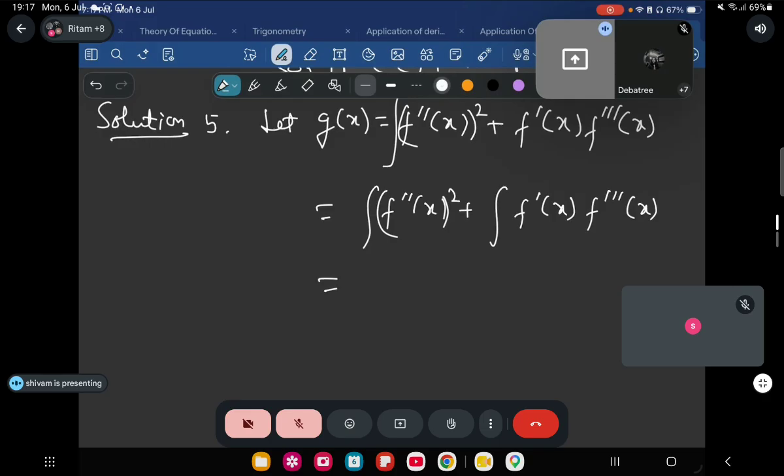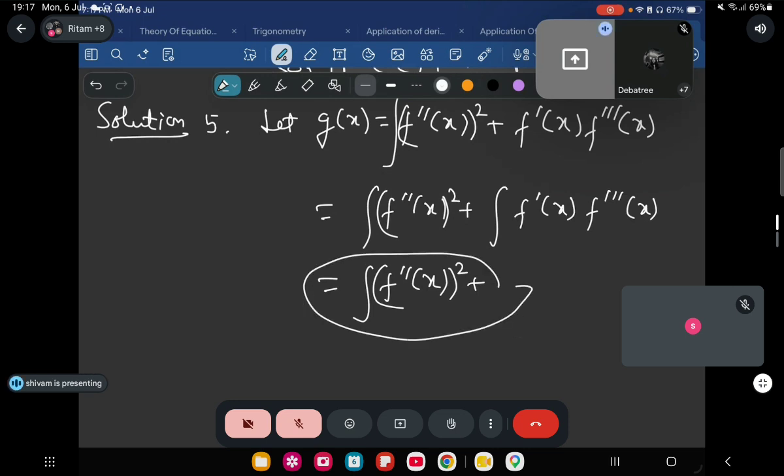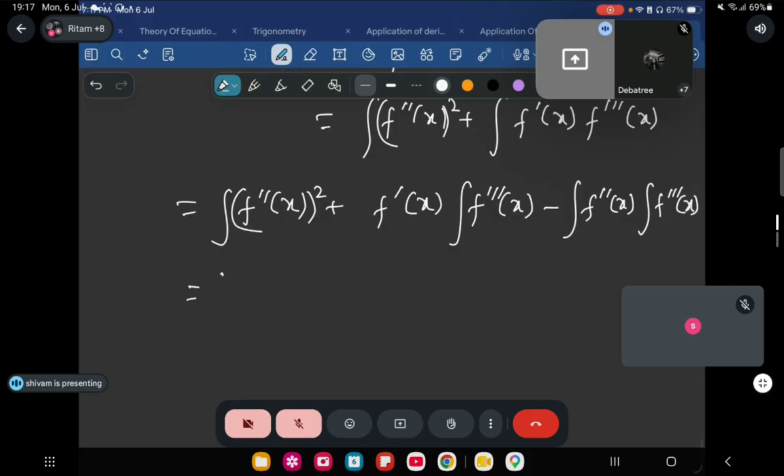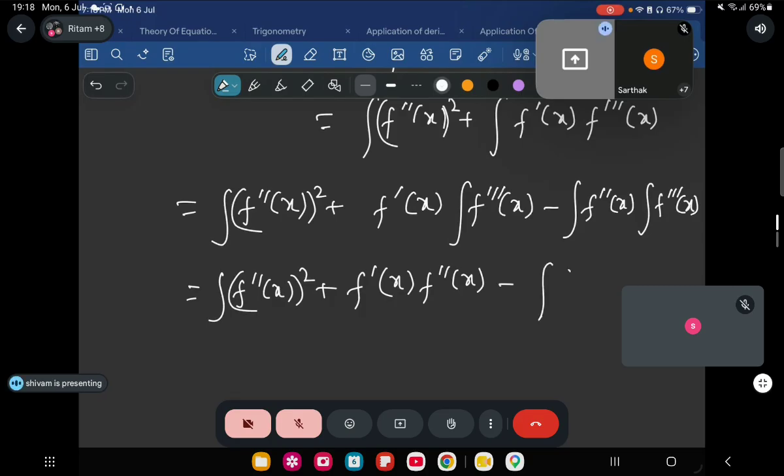So this will be equal to integral of f double dash x whole square plus, integrating f triple dash x, we get f dash x into f double dash x, minus integral of the derivative of f dash x, which is f double dash x, into f double dash x.